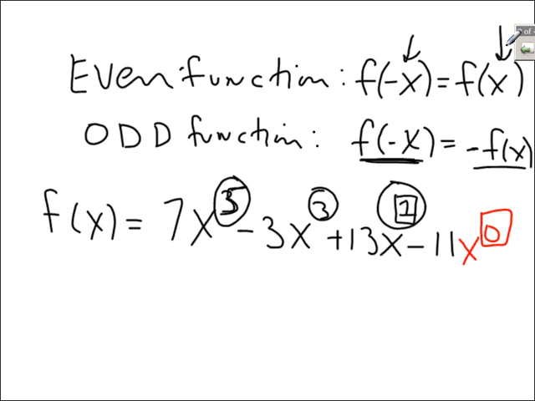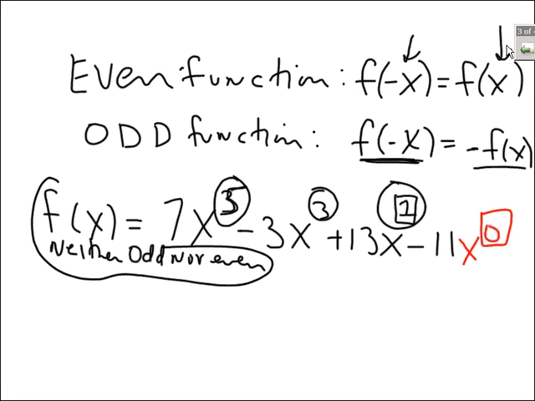There's a power which is not odd, 0. This function is neither odd nor even, because it doesn't have all even exponents, nor does it have all odd exponents.